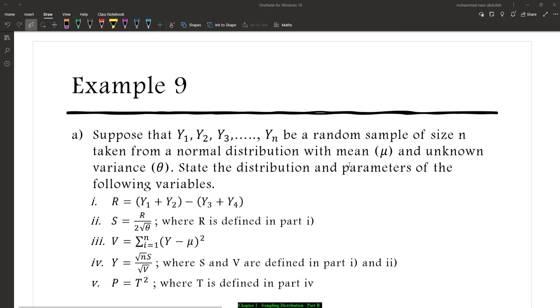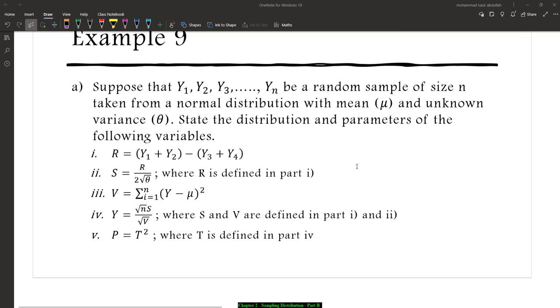Example number 9 says that suppose that Y1 until Yn be a random sample of size n taken from a normal distribution with mean equal to mu and unknown variance sigma squared, theta. Right, state the distribution and parameter of the following variables.